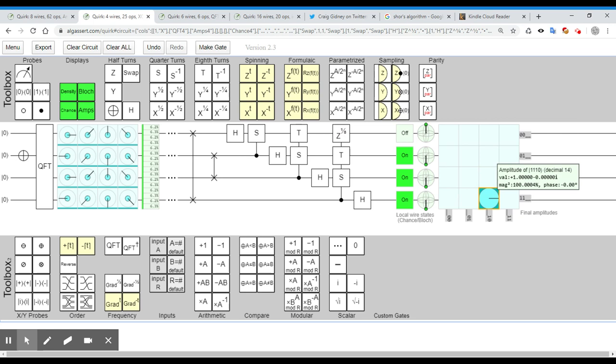Why 14? We're actually getting one number. That seems to be too much of a coincidence. So it seems to wrap if you give it an equal superposition, right?